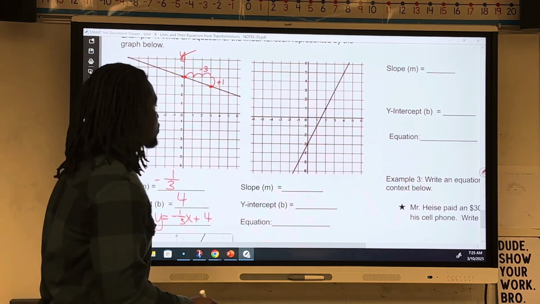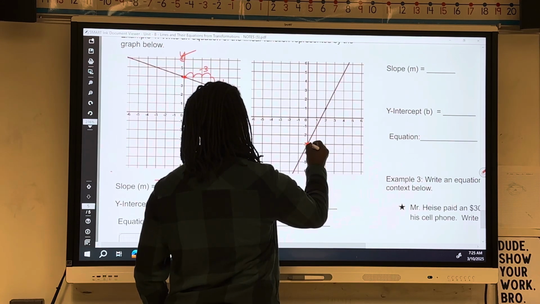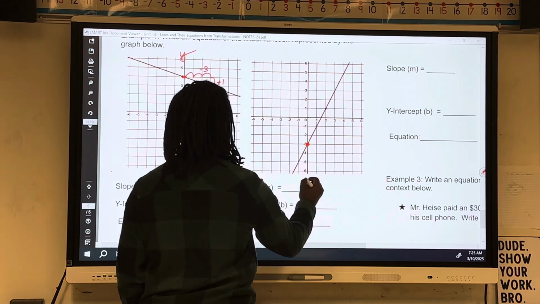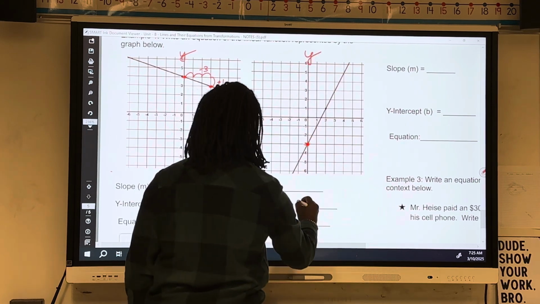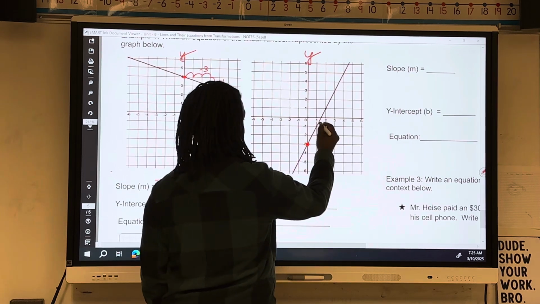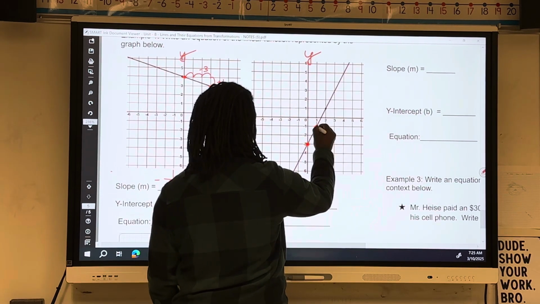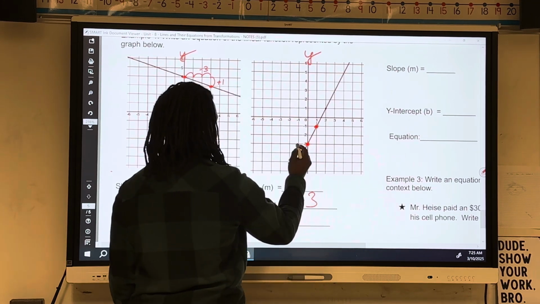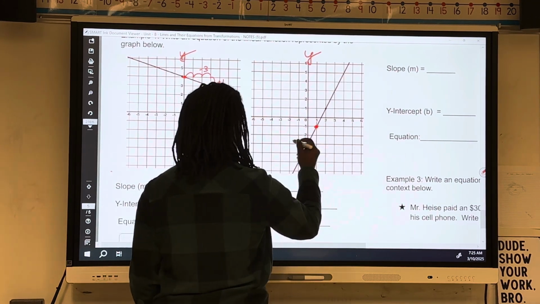I'm going to start by identifying the y-intercept because that is a point, and that is where it crosses the y-axis. It crosses the y-axis at -3. Then I'm going to find another point. My first point that I encounter is that one right there, which is (1, -1).